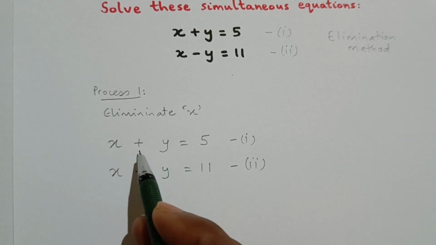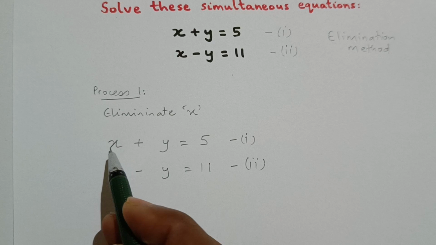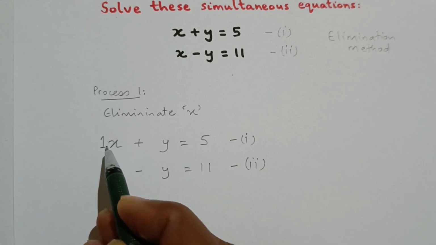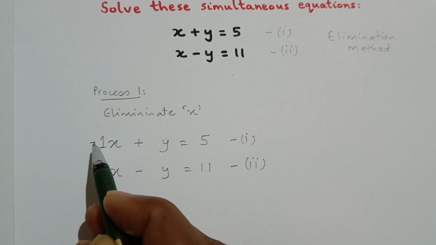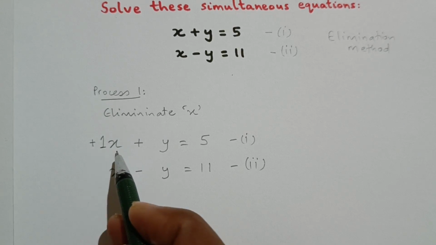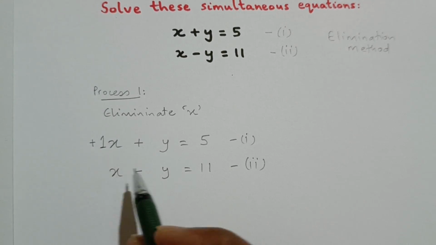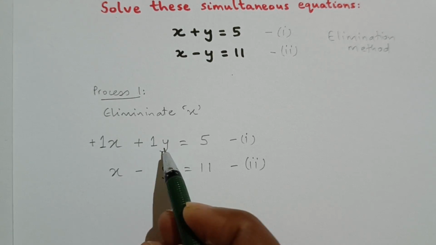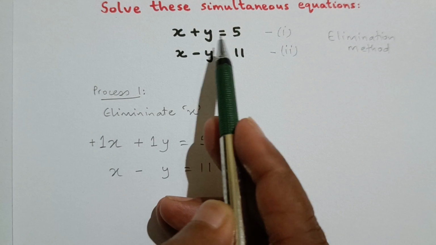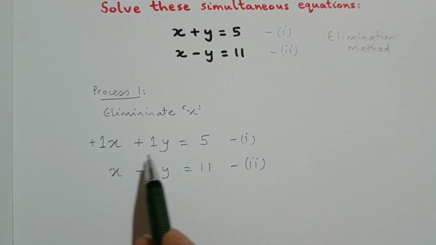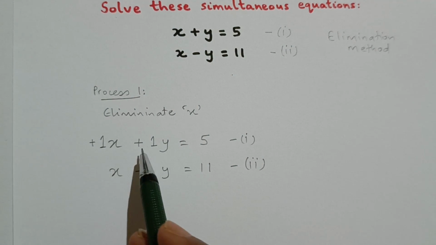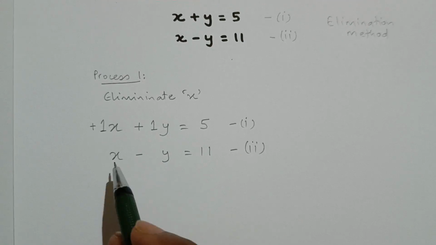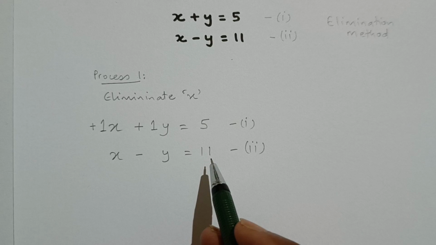Now x plus y equals to 5. So x means plus 1x, and plus y means plus 1y. So x plus y equals to 5 means plus 1x plus 1y equals to 5. Similarly, x minus y equals to 11.